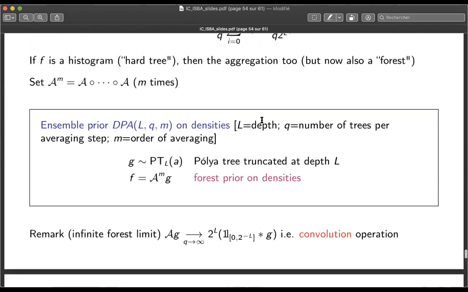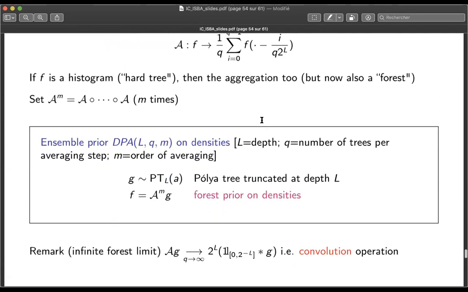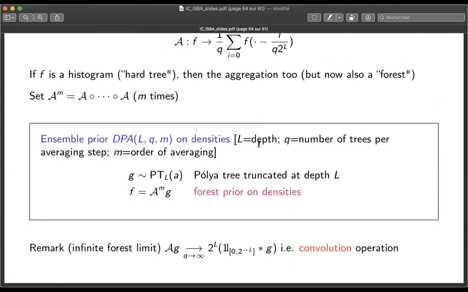So I think maybe this is a question for Thibaut's talk tomorrow, but it turns out that I didn't pronounce the word, but that's a very good point. In fact, maybe in this slide, this is actually very related to splines. In the infinite forest limit, the reason why you get adaptation to arbitrary smoothness is because you have a link to splines.